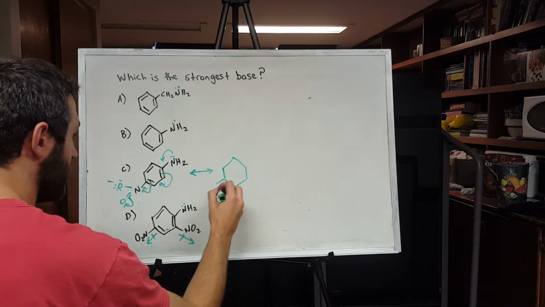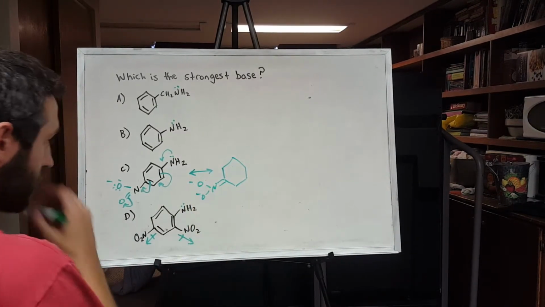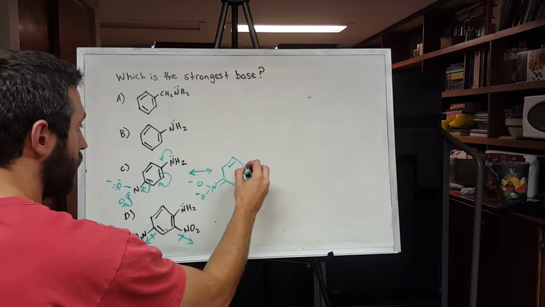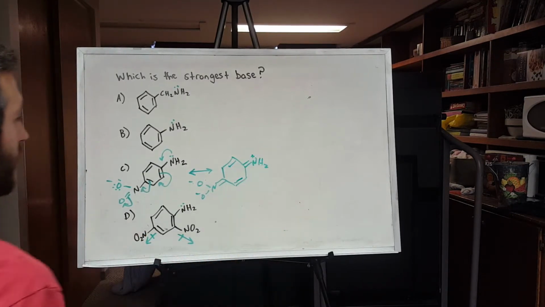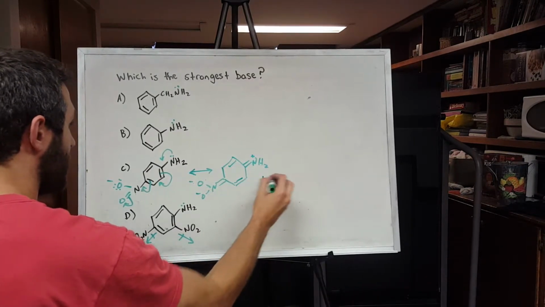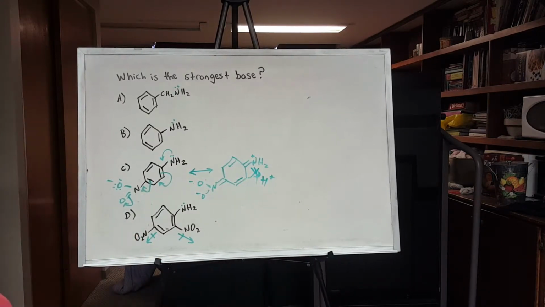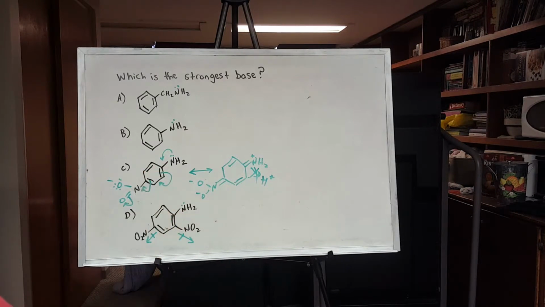So what we just did was the O minus went here, here, and we end up with NH2 with a positive charge. Now this nitrogen with the positive charge is not going to pick up a proton. That's not going to happen. And so the more of these NO2 groups, the weaker this base will get. So this one's a weaker base than this one.